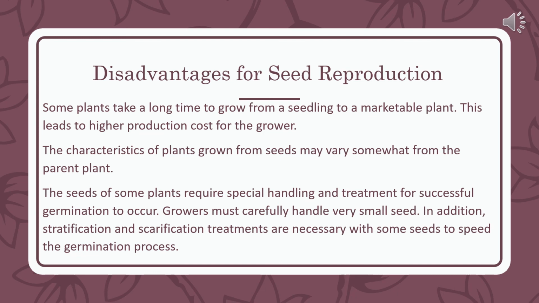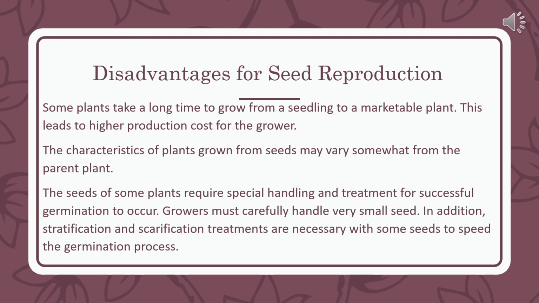And now lastly, one disadvantage for using seeds is some of them require very special handling and treatment. So if it's a teeny tiny seed, for example, begonias, begonia seeds are basically like dust. And if you look at them too hard, they will disintegrate in your hand. Very, very difficult to handle.